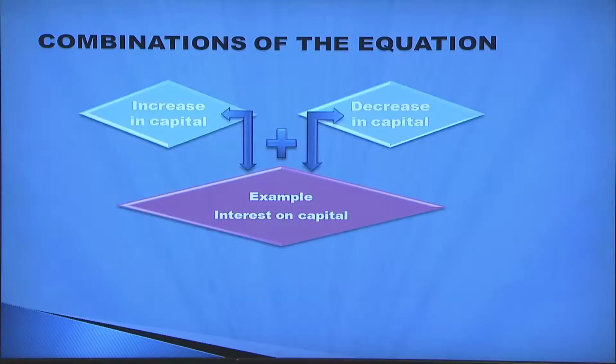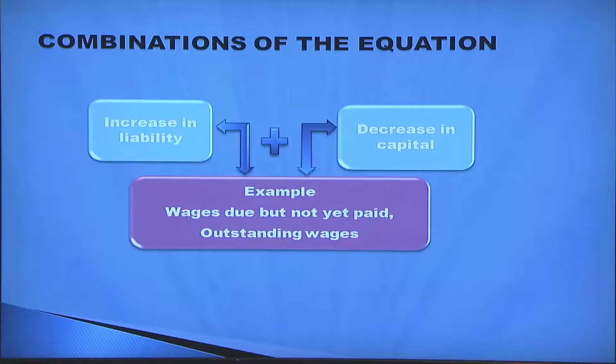Increase in capital and decrease in capital. In the capital column itself, you will add the same amount and you will deduct the same amount. Wages due but not paid, or outstanding wages. Outstanding wages is a liability. So, there is increase in liability and decrease in the capital.